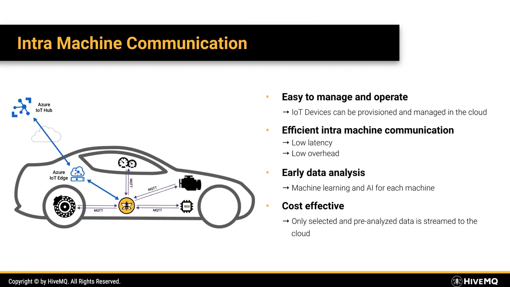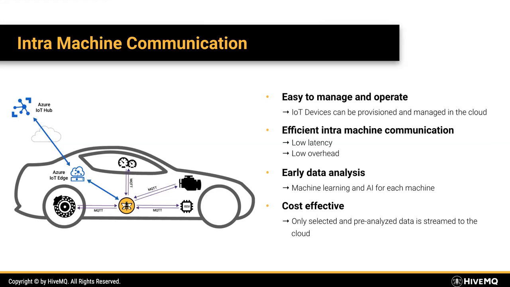And as told before, it's very easy to manage and operate. And also MQTT usually has low overhead and brings very low latencies. So it works well in sensor networks or control networks, like for example in machines.